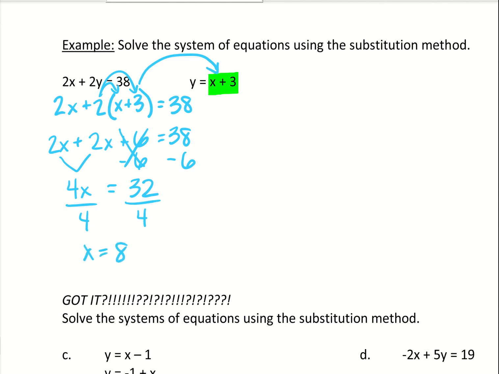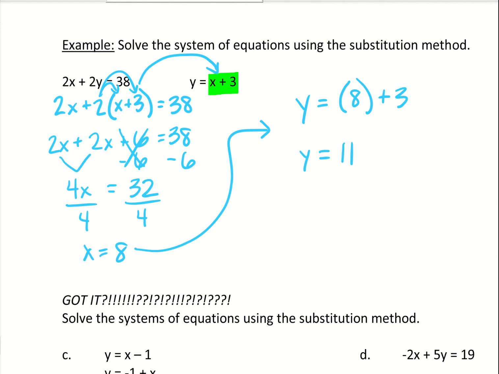Then we can go ahead and plug in to our other equation here. So we have y equals 8 plus 3, and that'll give us y equals 11.